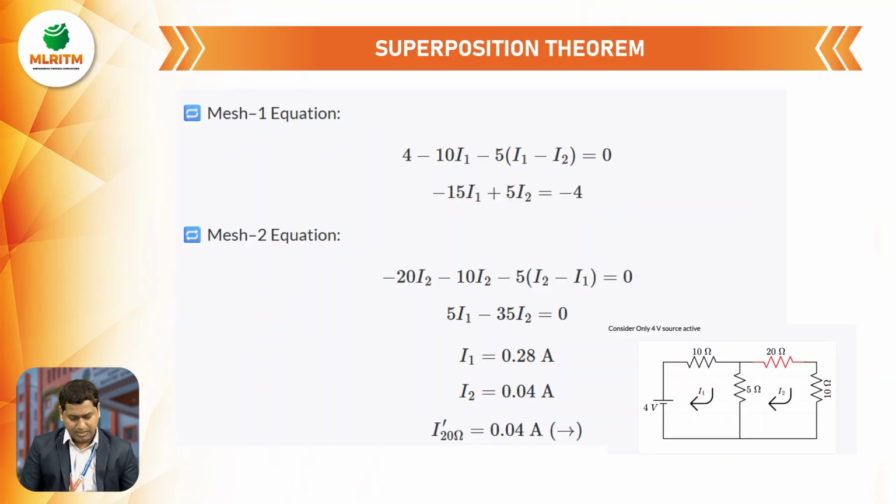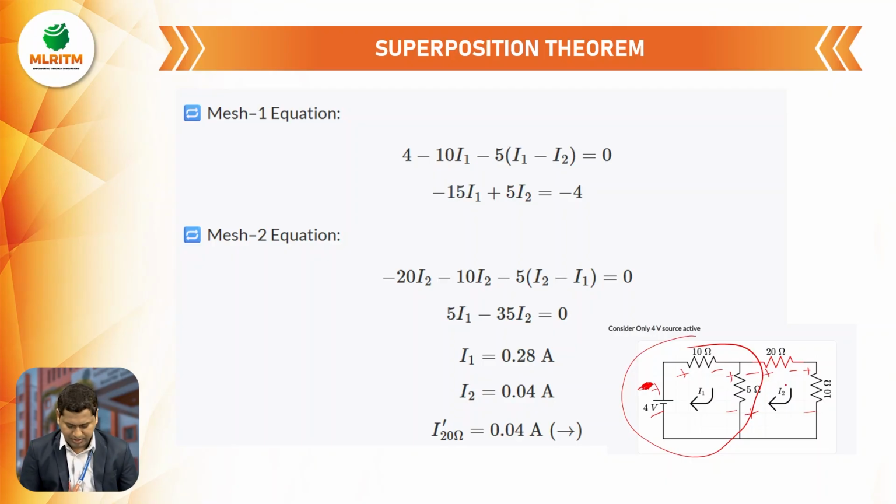So I am going for mesh analysis. First let us consider loop 1. Catching the second terminal, I mark the polarities plus minus for each element, for loop 1 and for loop 2.